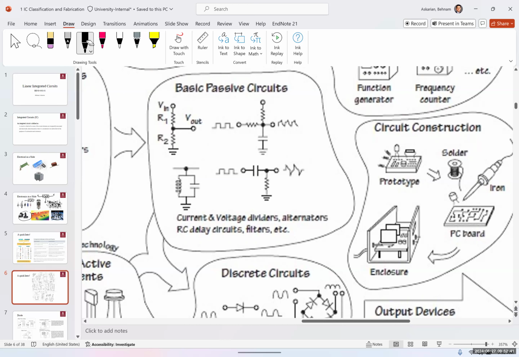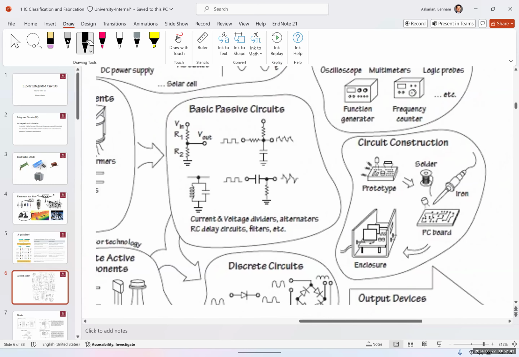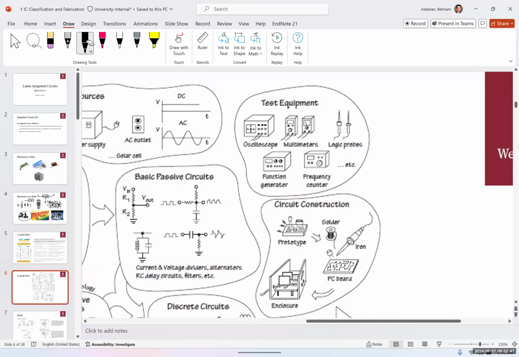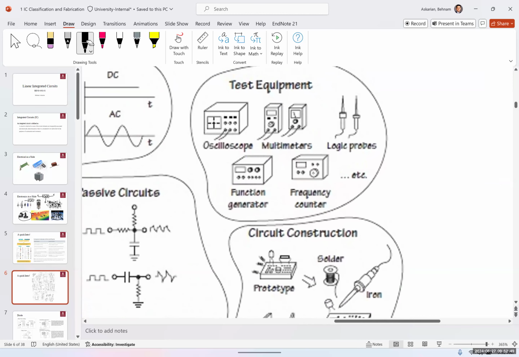And we have different types of filters, for example, passive filters, not active filters. And then we have test equipment like oscilloscopes, multimeters. We're going to see and go through them in the lab. Function generators or frequency counters and logic probes. Oscilloscopes are for monitoring AC signals mainly.